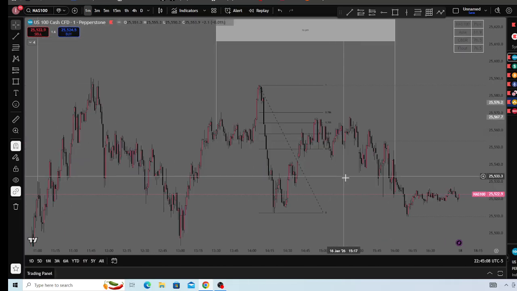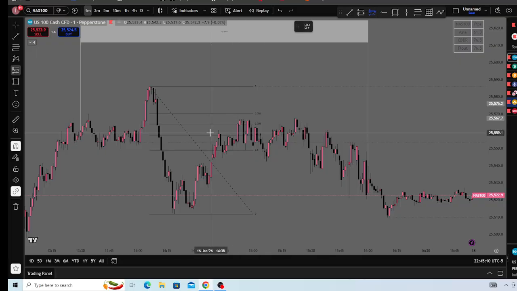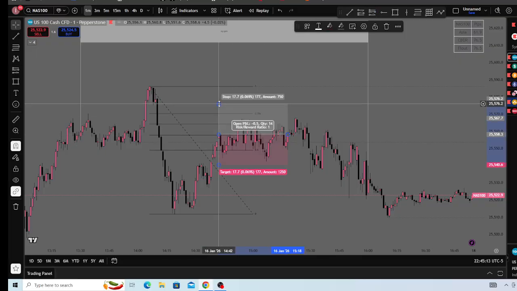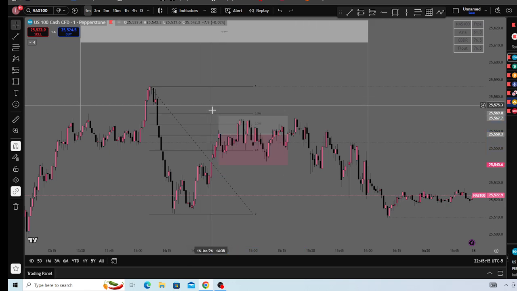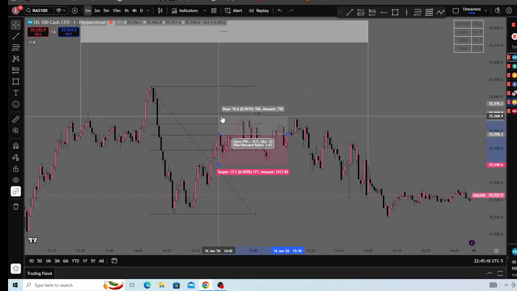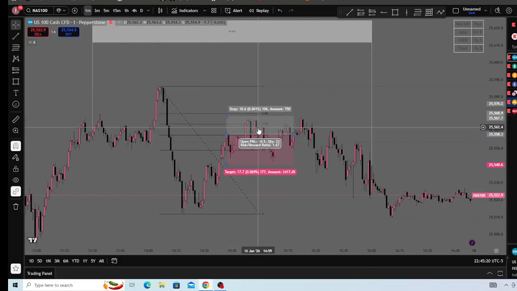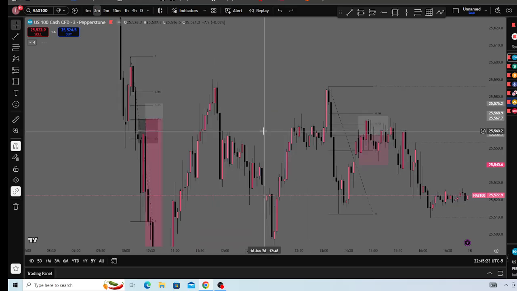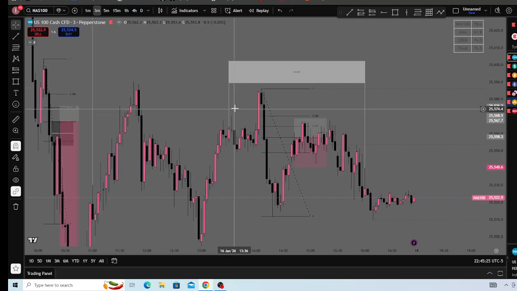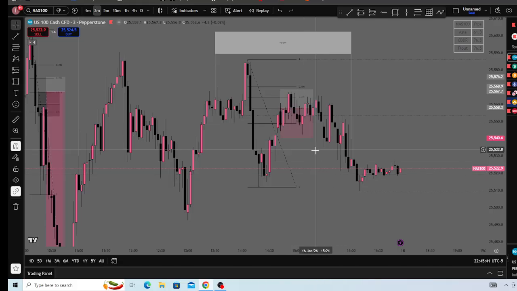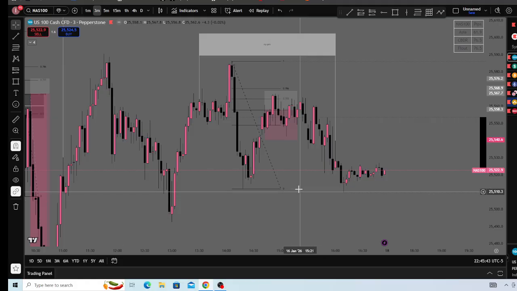All right, so the same thing. I wait for it to tap into my zone, and I put my stop between this. It was very close to getting stopped out, but the reason I put it here is because on this 3 minute, right, if it passes this, most of the time, there's not very many times that it passes this 0.786 zone and still reverses to wherever you're targeting.